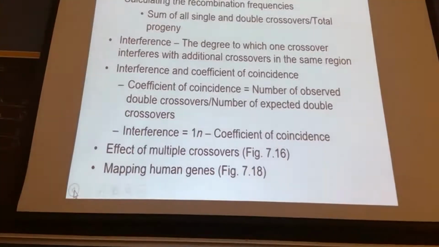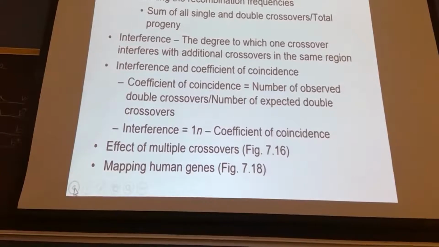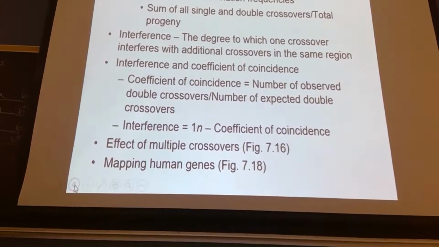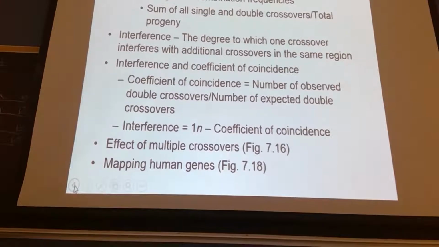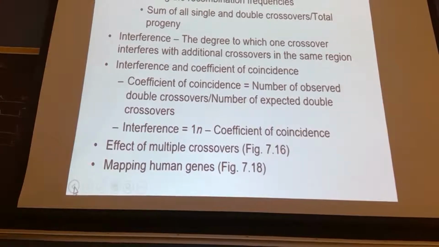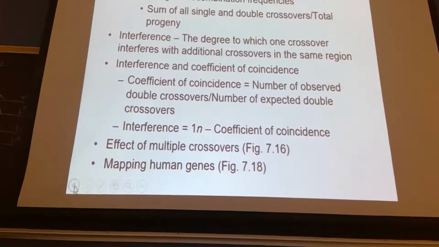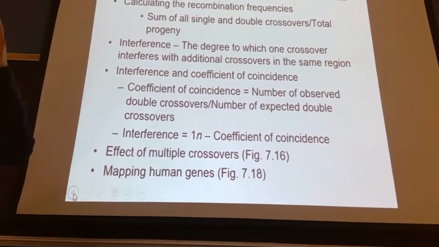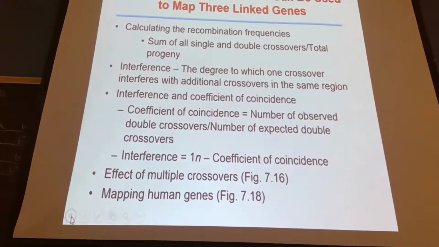And to detect the interference, we need to calculate the coefficient of coincidence. Coincidence means that all the crossovers will happen at that time. We are expecting that if there are two crossovers, there will be two crossovers between these two genes. But generally, in the population, we will not find two crossovers. We can find only one crossover there.